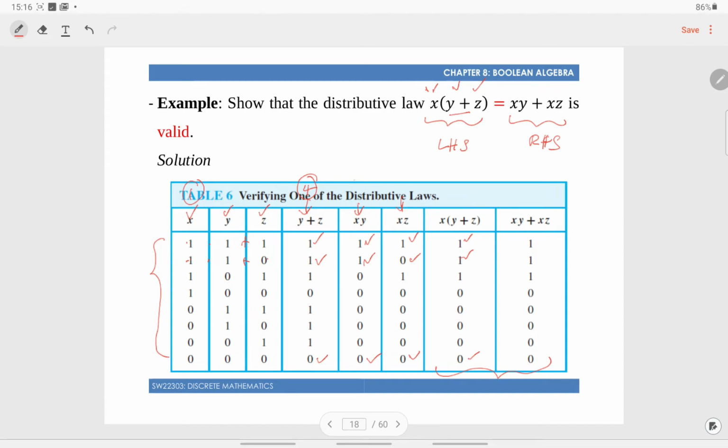This column number 5, and also this one, column number 6. 1 plus 1 equal to 1, 1 plus 0 again equal to 1, 0 plus 1 equal to 1, until the last output. So clearly, both columns are identical. Same 1 1 1 1 1 1, and all the remaining values equal to 0. So we can conclude that the given distributive law is valid.